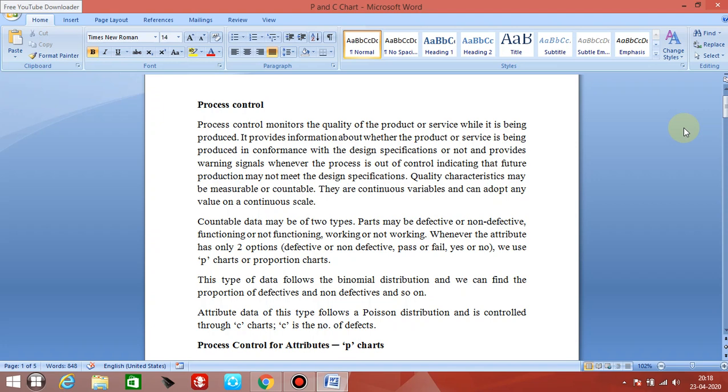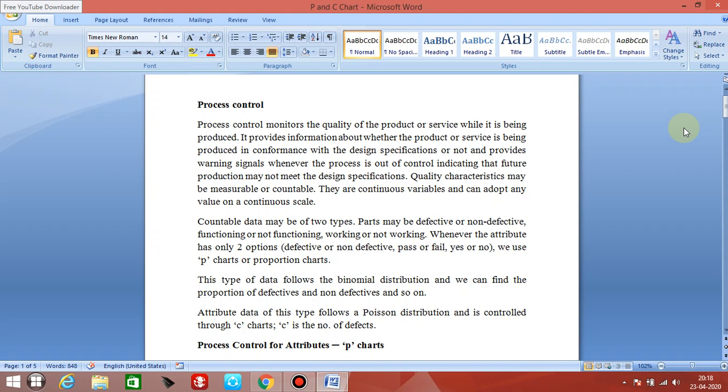Now there are basically two types of countable data. When we are producing the products, if it doesn't meet the design specification, it will be defective. And if it meets the design specifications, it will be non-defective, or functioning or not functioning, or working or not working.